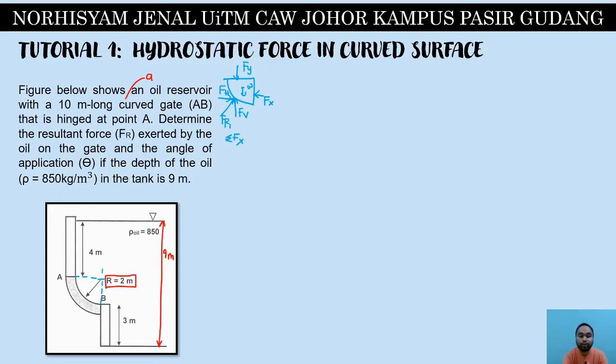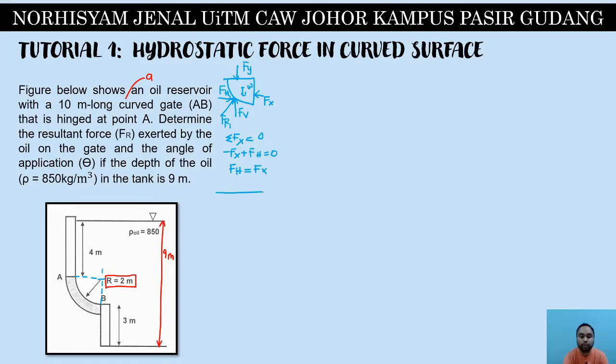Now we will continue and calculate for Fr by studying the components that we have over here. First, we have summation of Fx equals to 0. So we will have from the picture negative Fx plus Fh equals to 0. So Fh is equal to Fx.